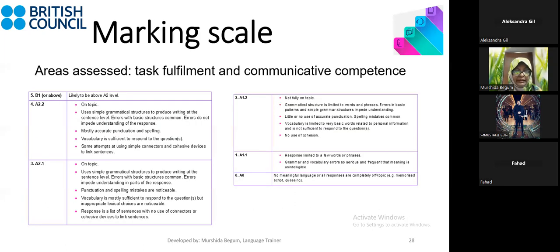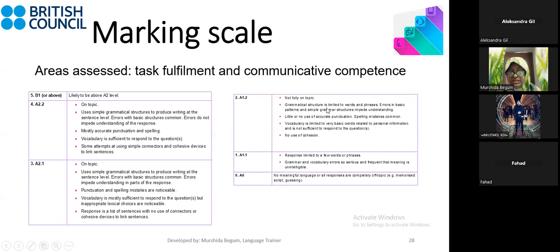All right. Now, looking into the marking scale, since it is marking pre-intermediate or higher, they're looking into task fulfillment and communicative competence. Now, in the lower part, the elementary part, we have response limited to a few words or phrases, or in the upper elementary part, not fully on the topic.